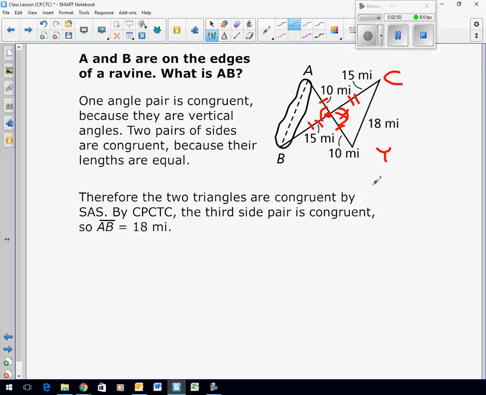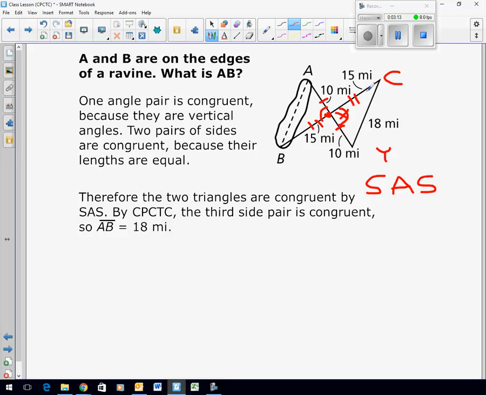What theorem? Side, angle, side. Correct? Side, included angle, side over here, and side, included angle, side over here.